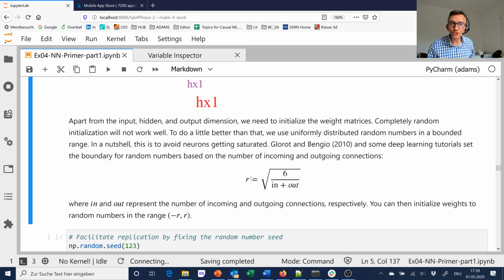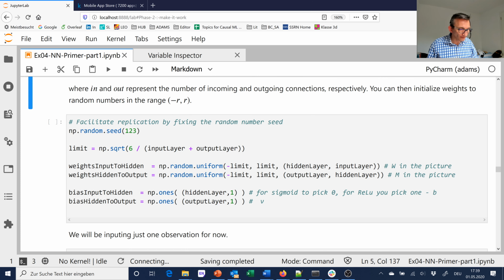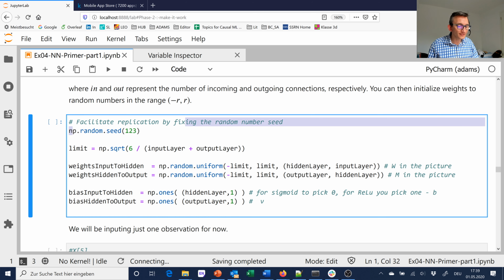And then initialize the weights such that they are uniformly distributed with values somewhere in that boundary. And this is what we're doing here. I'm fixing the seed of my random number generator. That allows me to basically repeat the calculations.